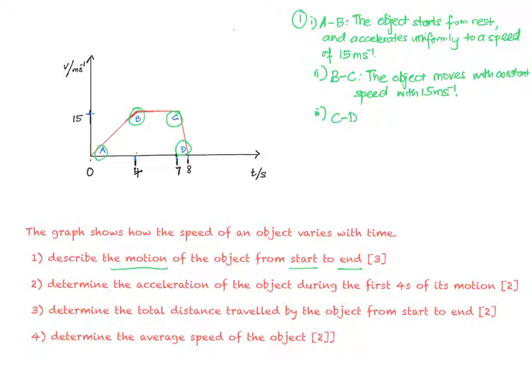So from C to D, since it's a straight line, you can say the object decelerates uniformly to rest, from 15 meters per second to rest. Okay, so now we have described the motion.